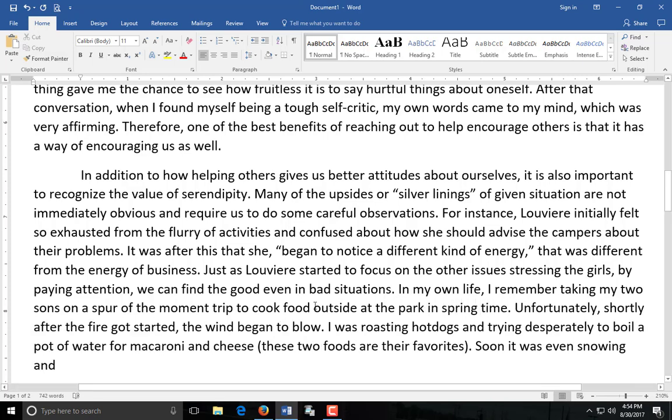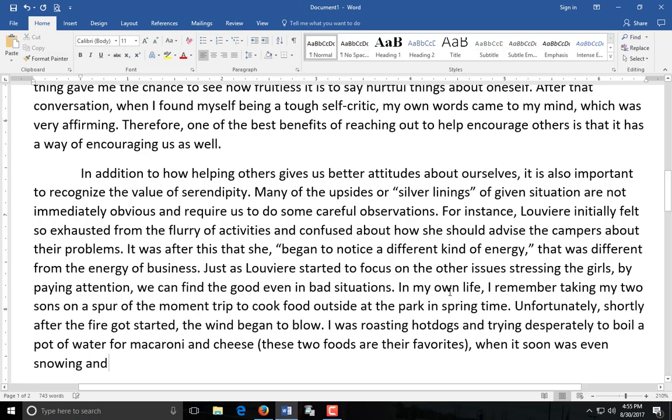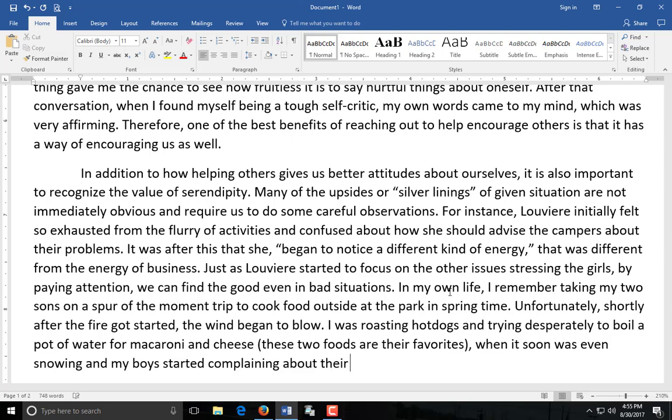That's an important detail. Unfortunately, shortly after the fire got started, the wind began to blow. I was roasting hot dogs and trying desperately to boil a pot of water for macaroni and cheese when it soon was even snowing, and my boys started complaining about their fingers being cold.